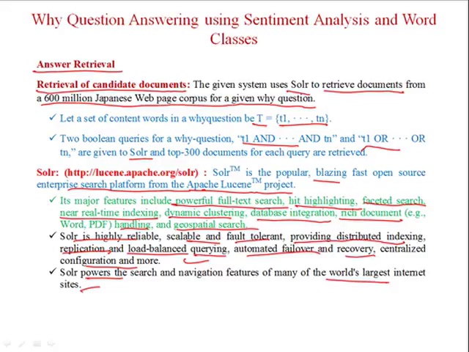So the first step is converting the question into a query, where they used the AND operator to connect all the words of the question. For example, the question why is the sky blue can be converted using the AND operator.